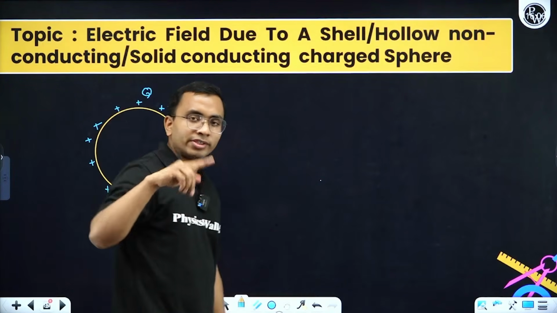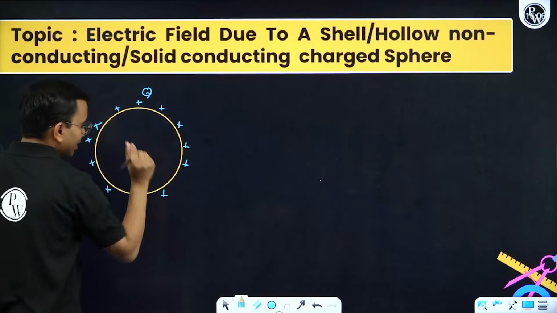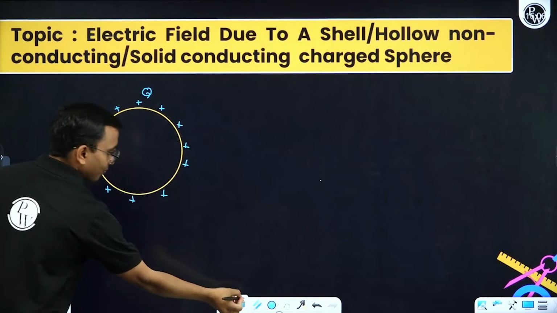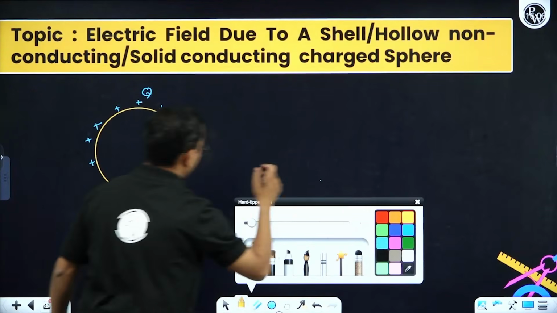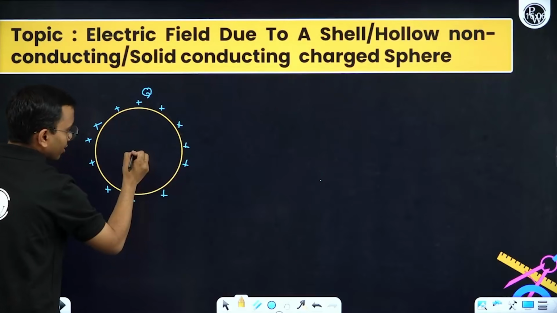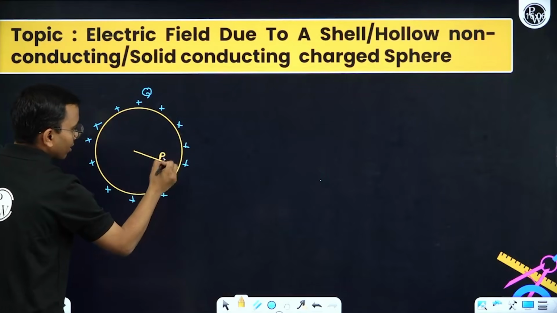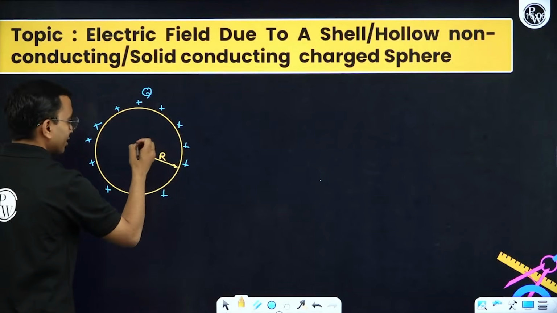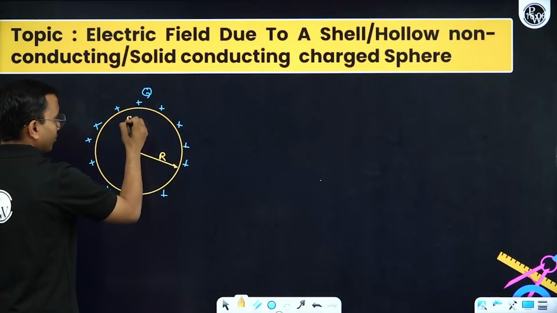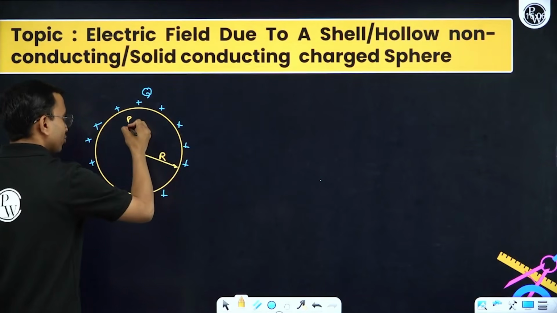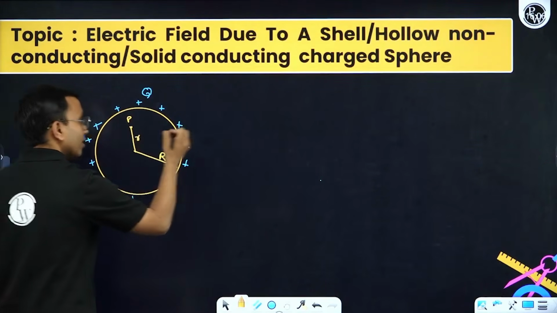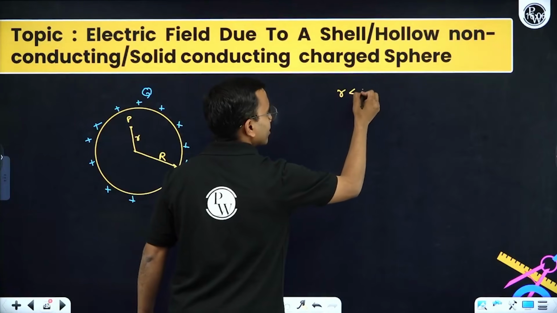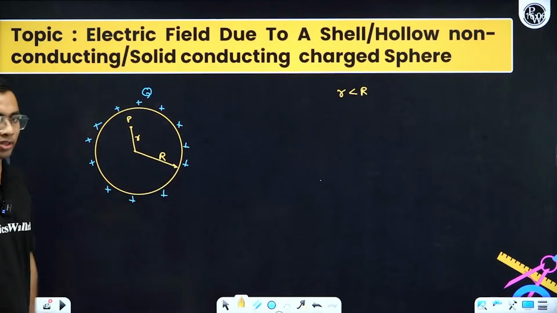Now, if I ask you what is the electric field at any point inside this, first let me mark the radius. Take any point inside, let us take this as my point P, at a distance r which is less than the radius, and I ask you what is the electric field here.